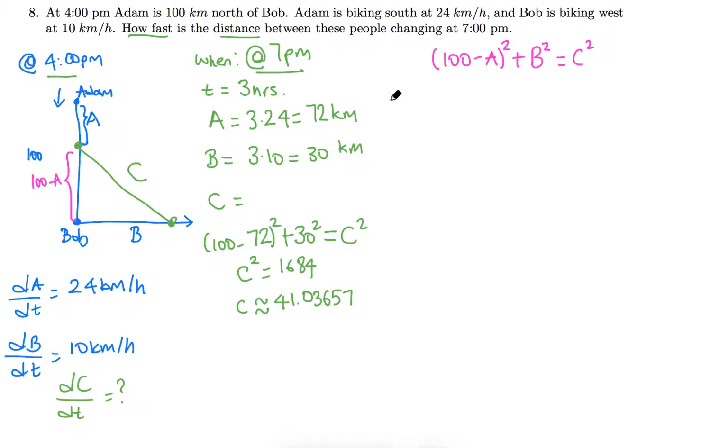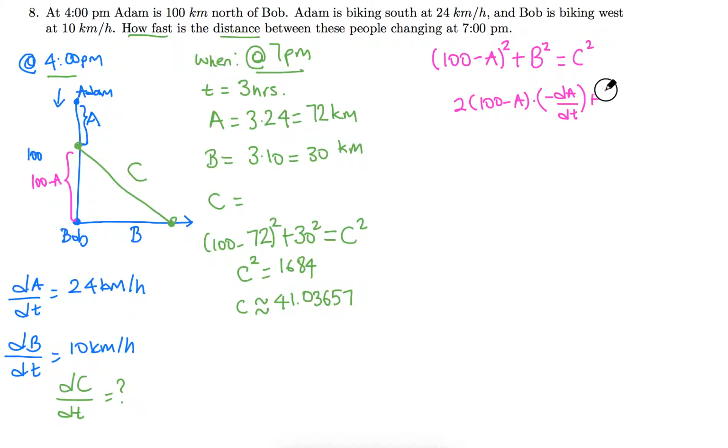Okay, and now we're going to find the derivative, and then we can use all the information we know to find the rate of change in C. So derivative of the left side will bring 2 down times 100 minus A to the power 1, I don't have to write it, times derivative of negative A. That will be negative dA over dt. Derivative of 100 is 0, so I don't have to write it.